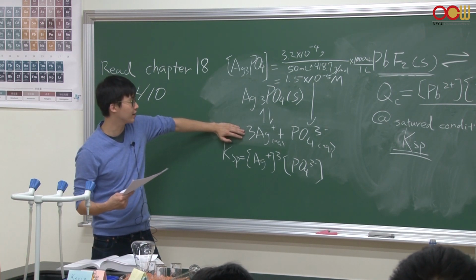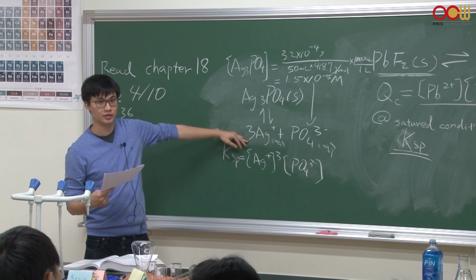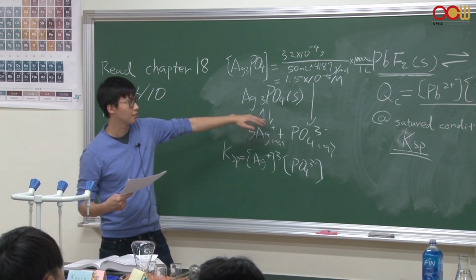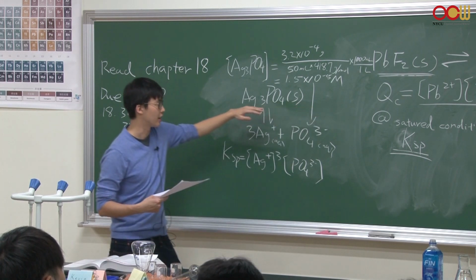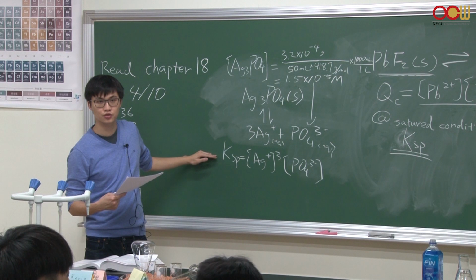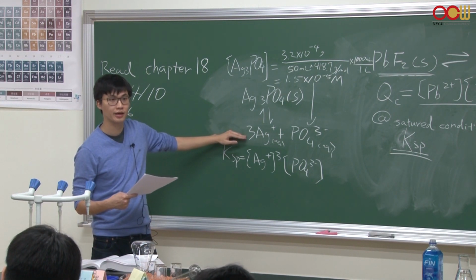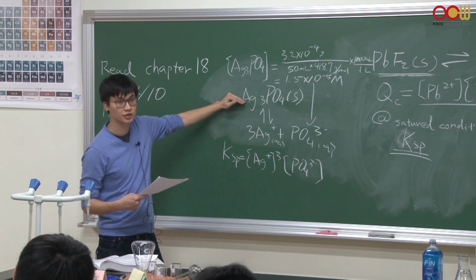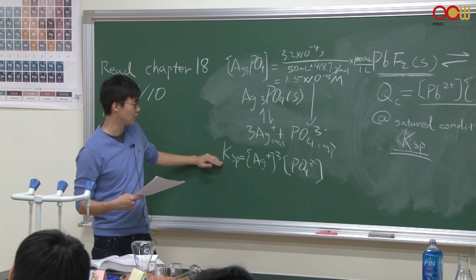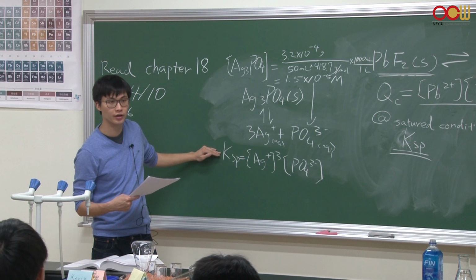So if I add additional silver ion, a soluble ion, it's likely to change my Q, which is then going to be different from this equilibrium position. So when you add more silver, it's likely going to generate some precipitate, so it reaches a solution system that has minimal energy. That makes sense? That's called the common ion effect.